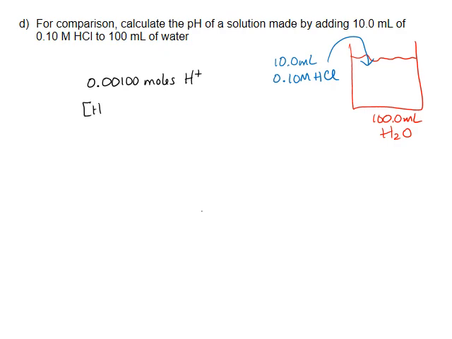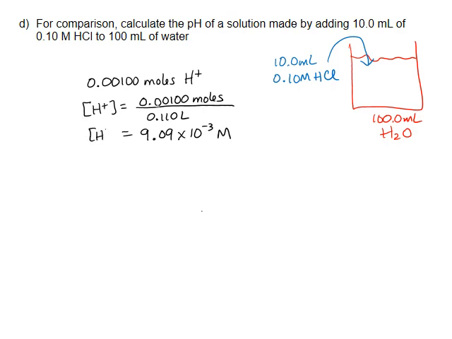So to find the pH of the solution, we need to find the concentration of H+, which is going to be our 0.001 moles divided by the total volume, which is 0.11 liters, which gives us a concentration of 9.09 times 10 to the minus 3 molar. Plugging that into the pH equation gives us a pH value of 2.04.